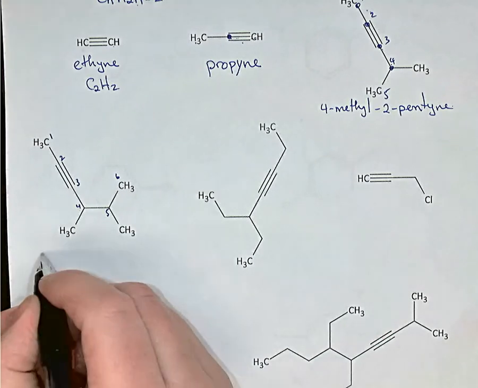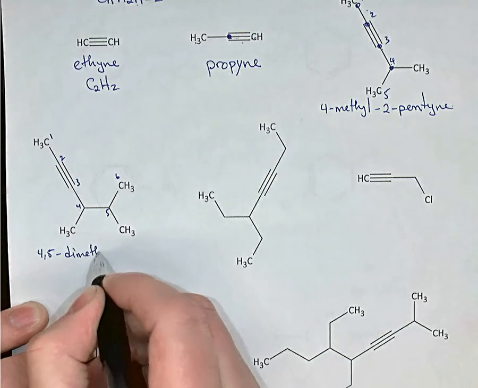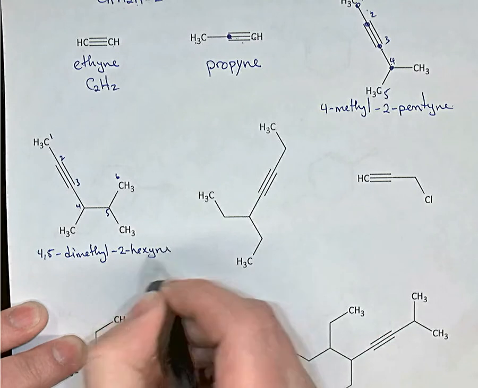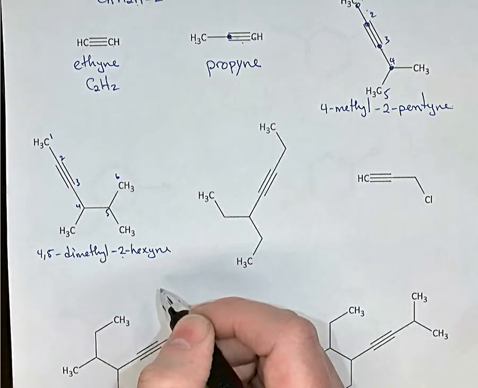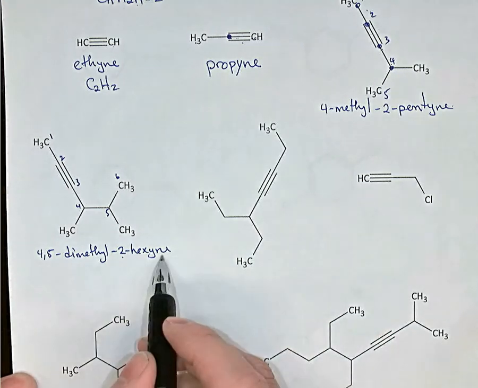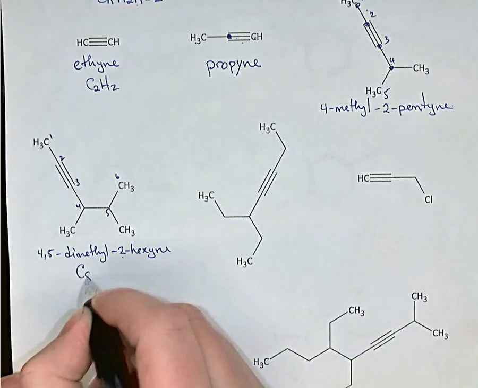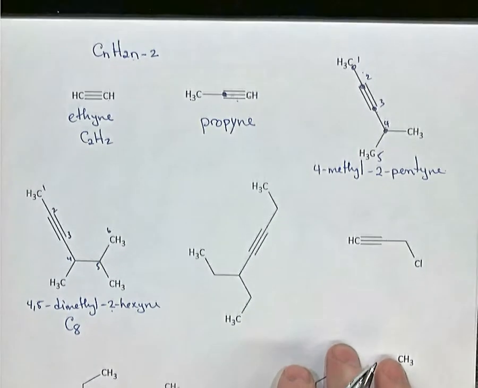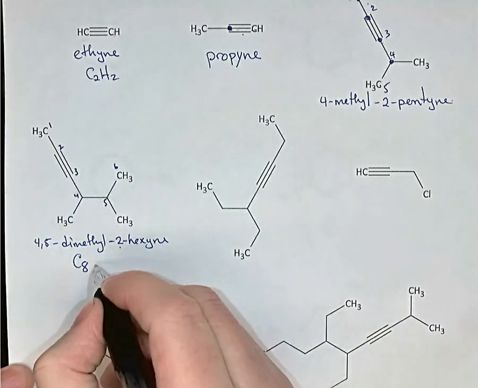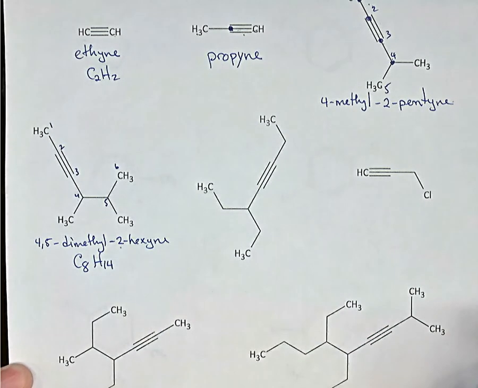So this is going to be called 4,5-dimethyl-2-hexyne. 2 because it was the second bond that was the triple bond. Its formula, hexyne would have 6 carbons, dimethyl means 2 more, so C8, and then the generic formula, you remember, is 2n minus 2, so 2 times 8 is 16, take away 2 would be C8H14 as its molecular formula.